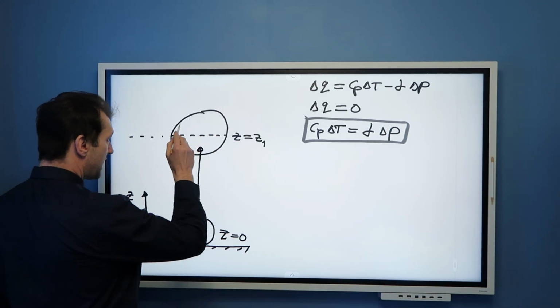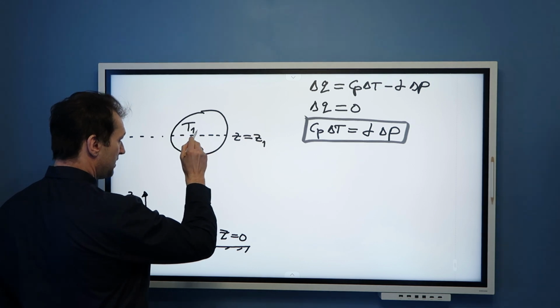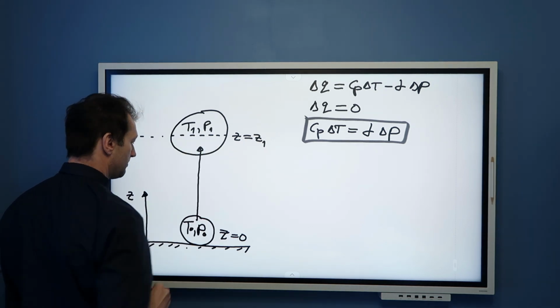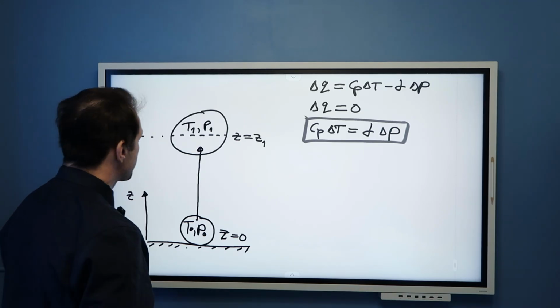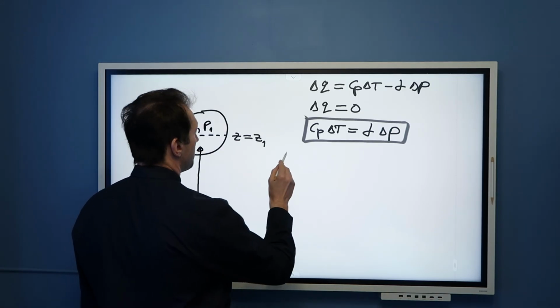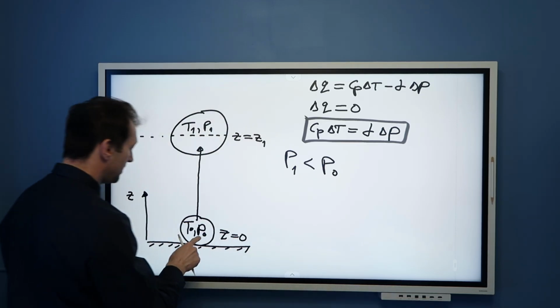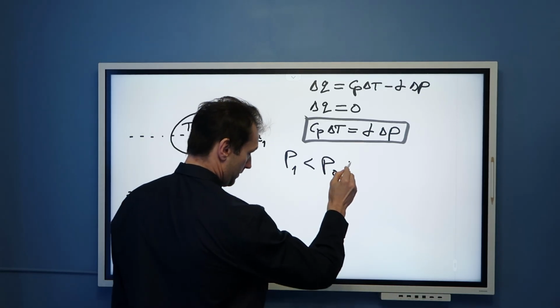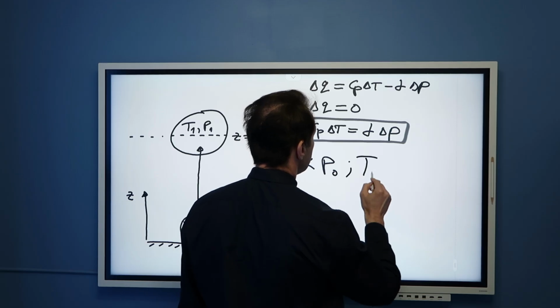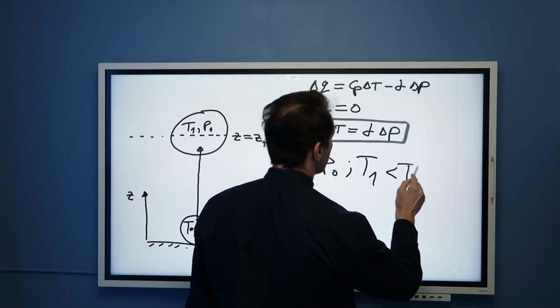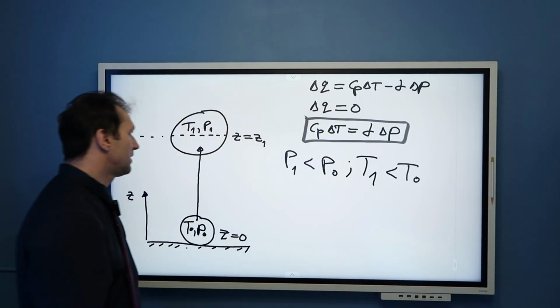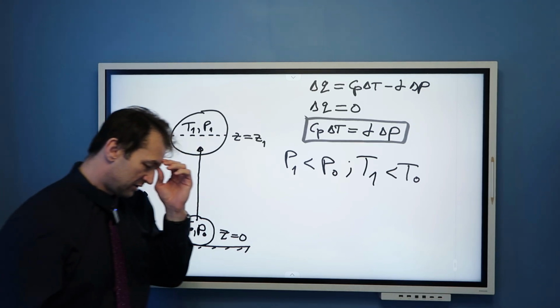So it will arrive here with temperature T1 and pressure P1. Now, pressure P1 will be smaller than pressure P0 that it had at the surface, and temperature T1 will be smaller than the temperature T0 that the parcel of air had at the surface.